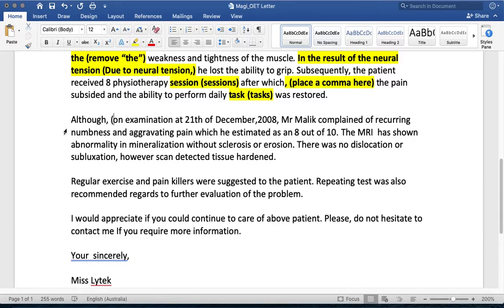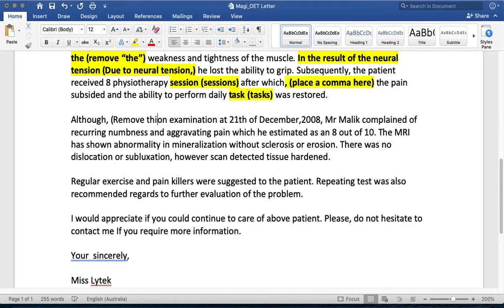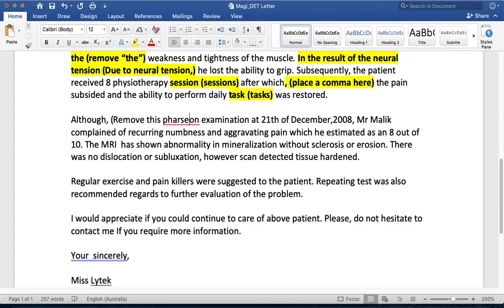On the other hand, although is not going to be used here at all because she didn't use two different parts of the same sentence. She has written only one sentence, so it's better to remove this whole phrase. So you need to start by writing on examination on.